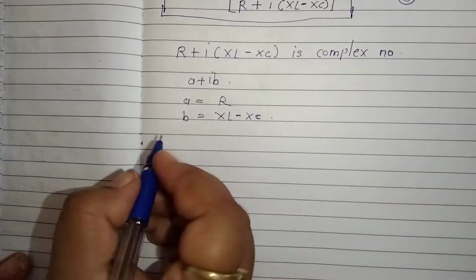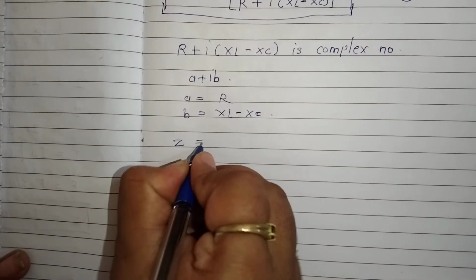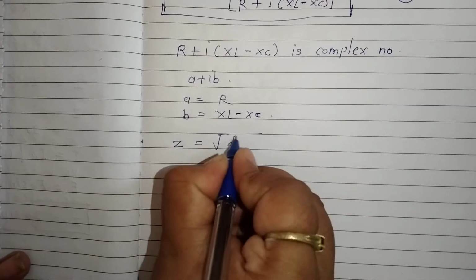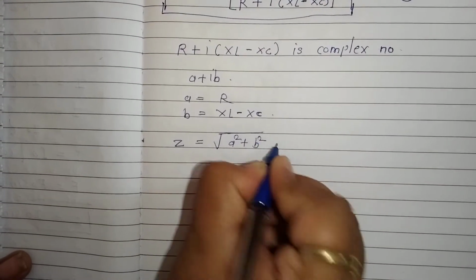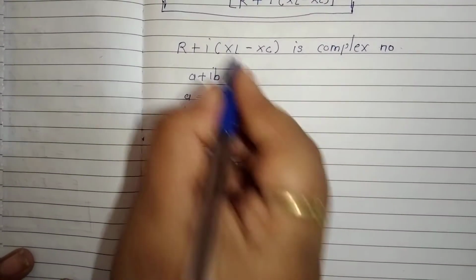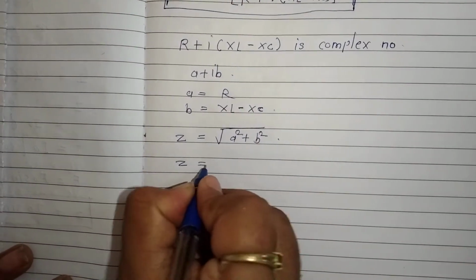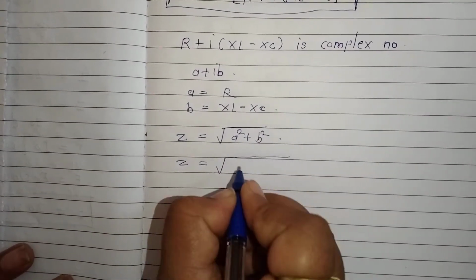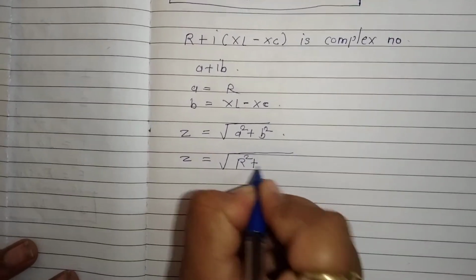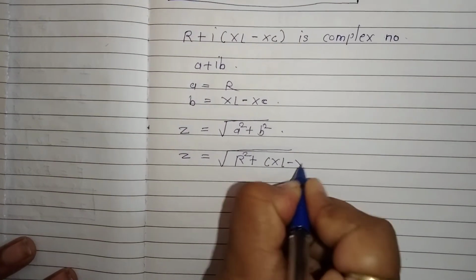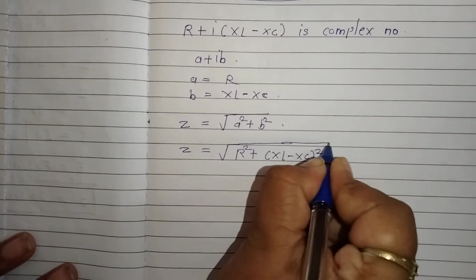So the complex impedance Z is the square root of A square plus B square. Putting in the values, we get Z equals the square root of R square plus XL minus XC whole square.